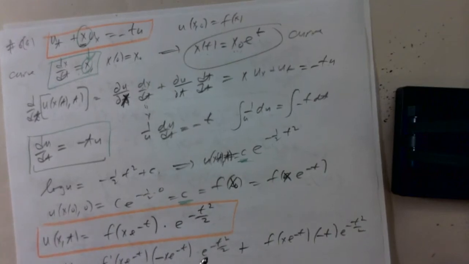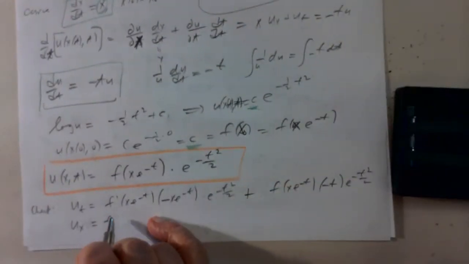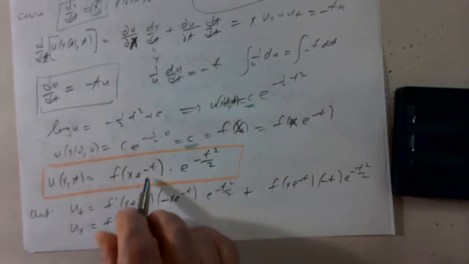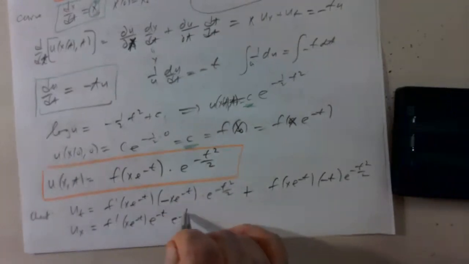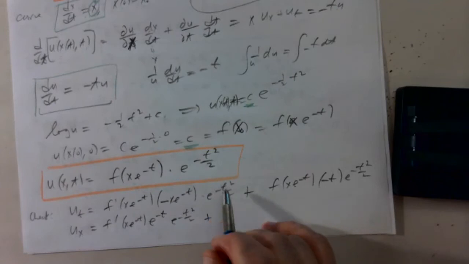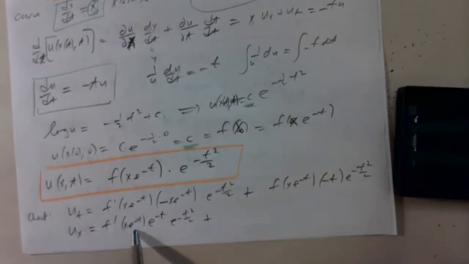Partial of u with respect to x is f prime of x e to the minus t times e to the minus t times e to the minus t squared over 2. This is just the product rule, plus, yeah, that's all it is.